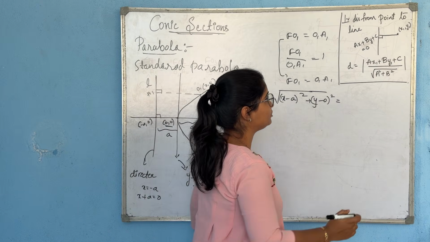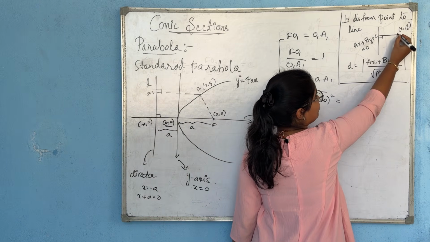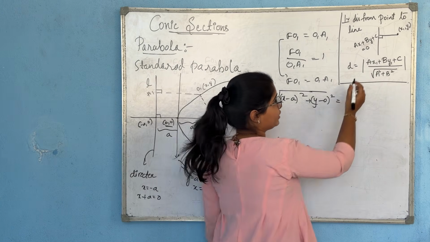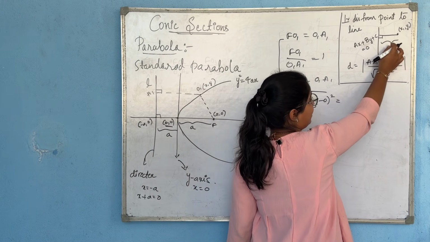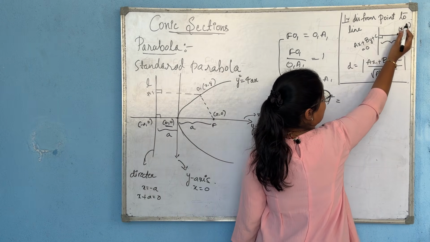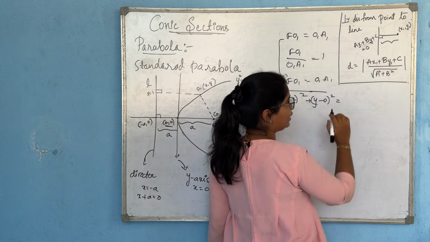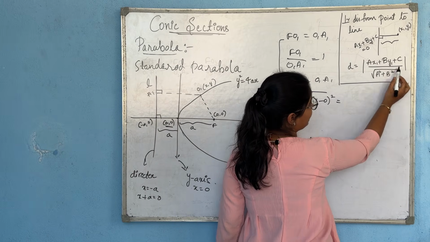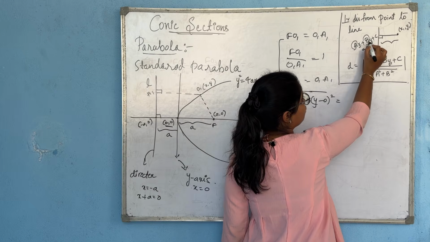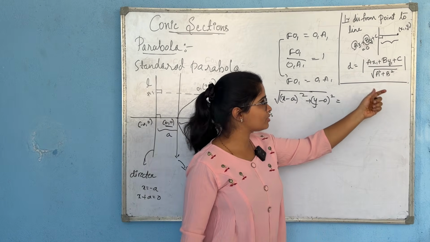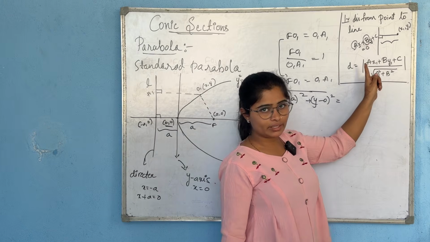Let us say x1, y1 is any point and this is any line ax plus by plus c is equal to 0, then the perpendicular distance between this point and the line is given by putting x1 and y1 in place of x and y respectively, and therefore we get the absolute value of ax1 plus by1 plus c divided by the square root of a square plus b square, and that is how the distance from the point to the line is obtained.